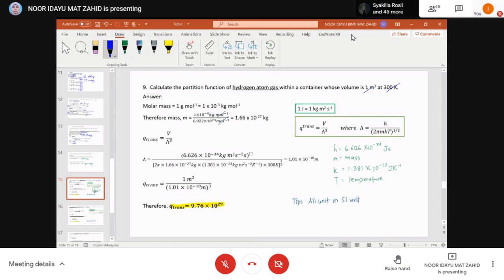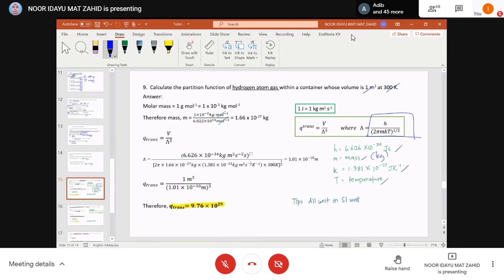This is how the molecular partition function for the translational mode of motion looks like, right? q trans equals V divided by lambda cubed. Lambda actually represents h over (2 pi m k T) to the power of half. h is the Planck constant. m is the mass, which should be in SI unit, kg. k is the Boltzmann constant.